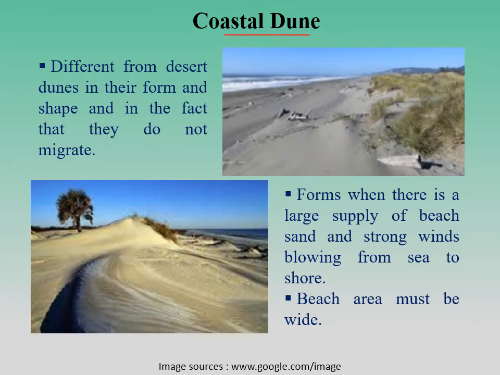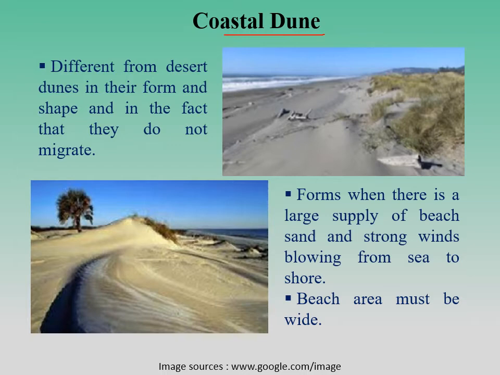As we already know, the activity of wind is mostly found in a dry condition, but the coastal area is not so dry. So these dunes are genetically and morphologically different from the dunes formed in arid to semi-arid conditions.